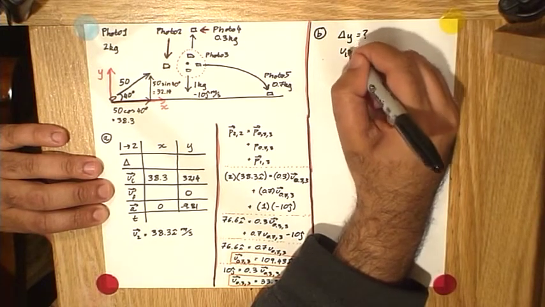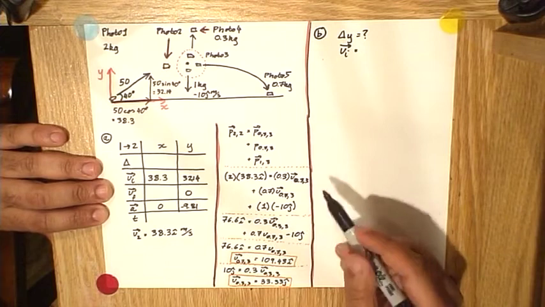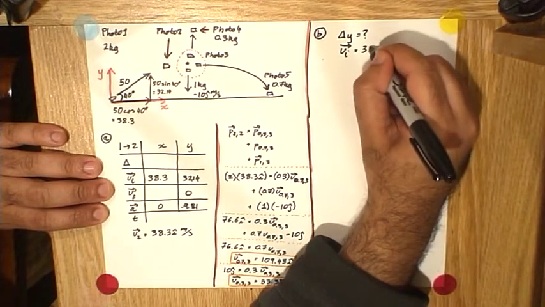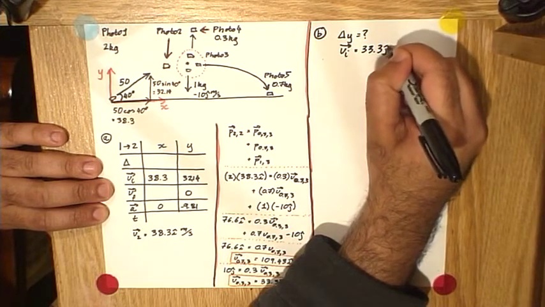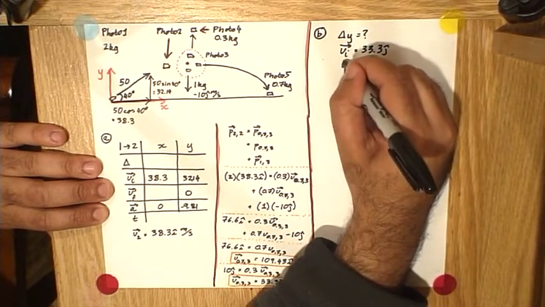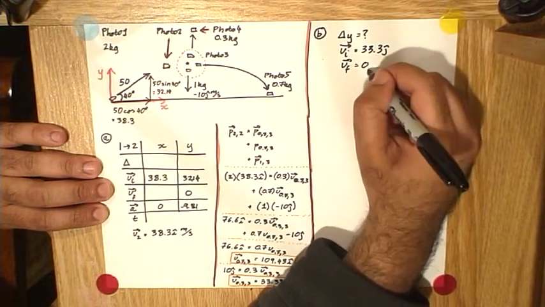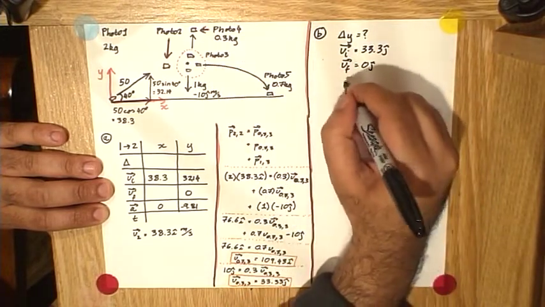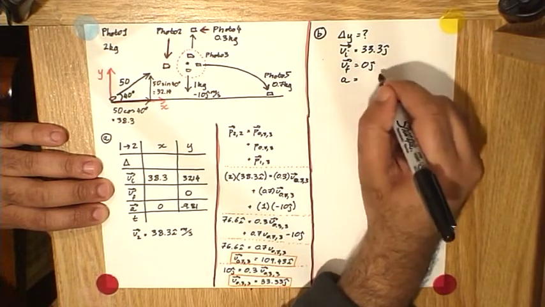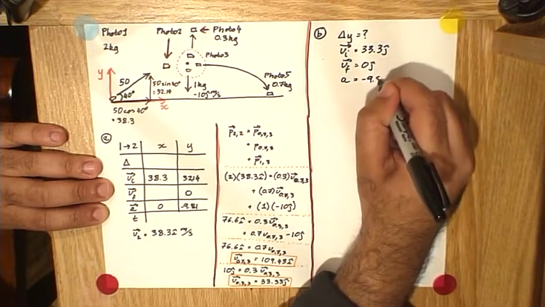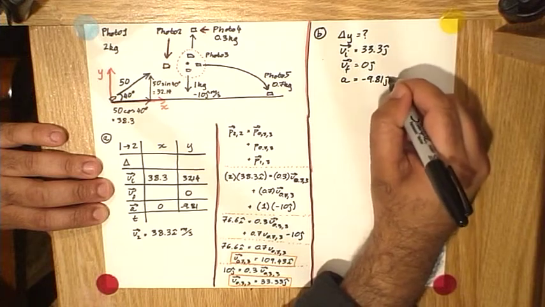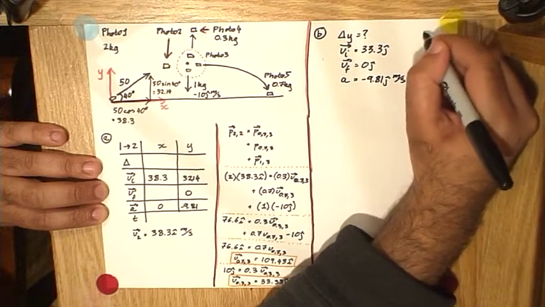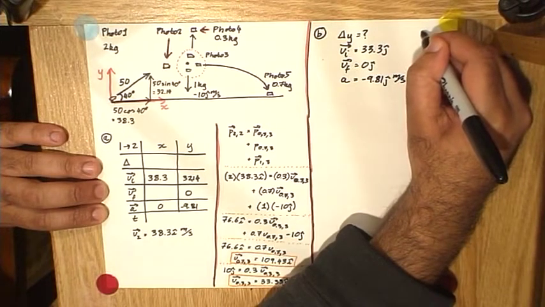Its initial velocity, just before the explosion takes place, was 33.3 j hat. The final velocity is 0, because that's the velocity it'll have when it reaches the peak in photo 2. And the acceleration is going to be negative 9.81 j hat meters per second squared. So this is corresponding to photo 3 to photo 4.